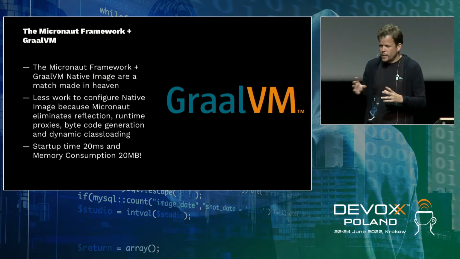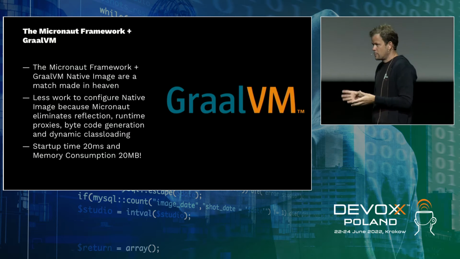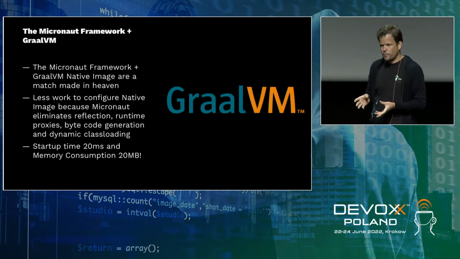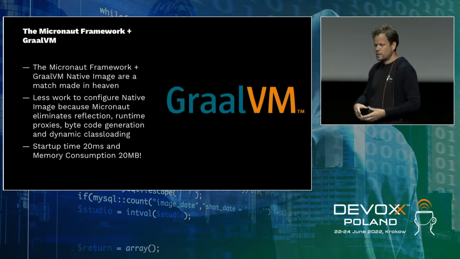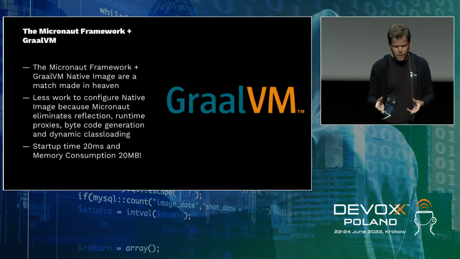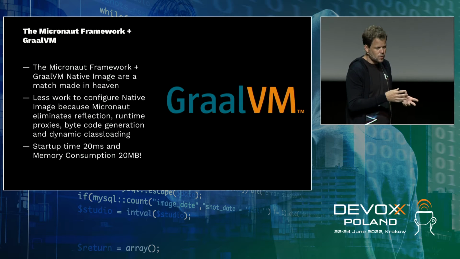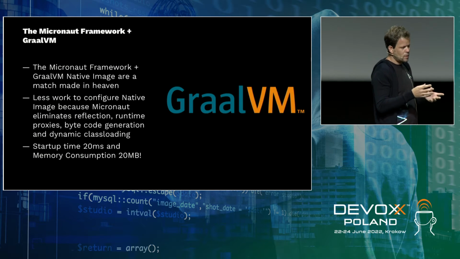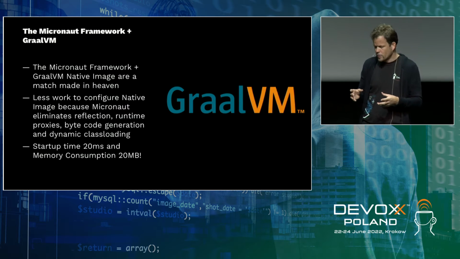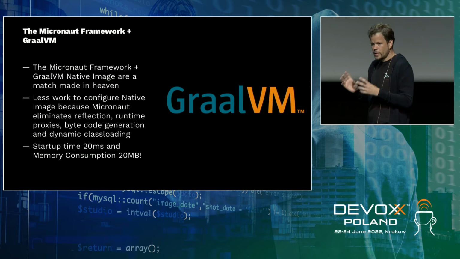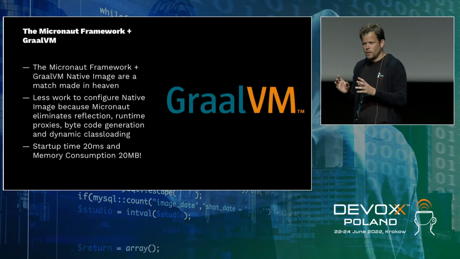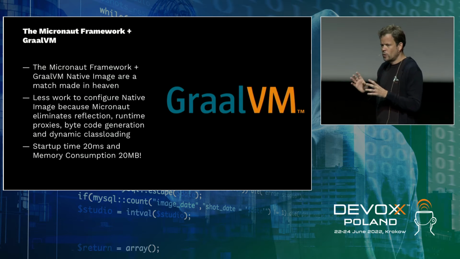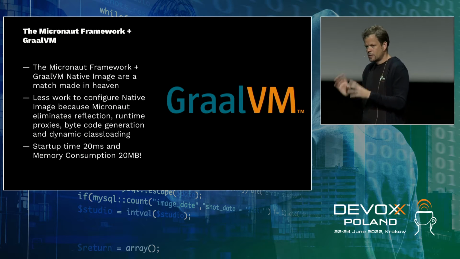Now, there's different ways. First of all, I must point out that GraalVM does support reflection, does support runtime proxies, does support even runtime bytecode generation, and it does support dynamic class loading. But you have to provide configuration to native image if your application or any third-party library that you're using does any of those things.